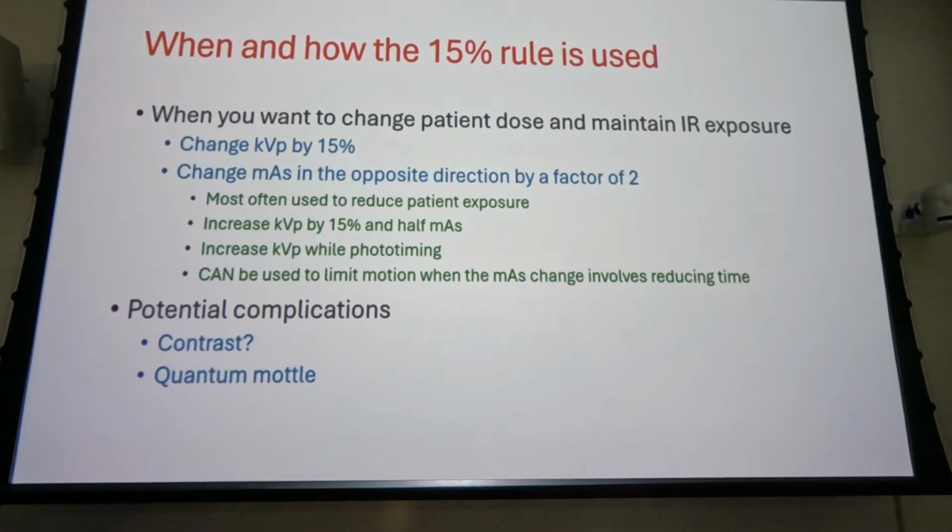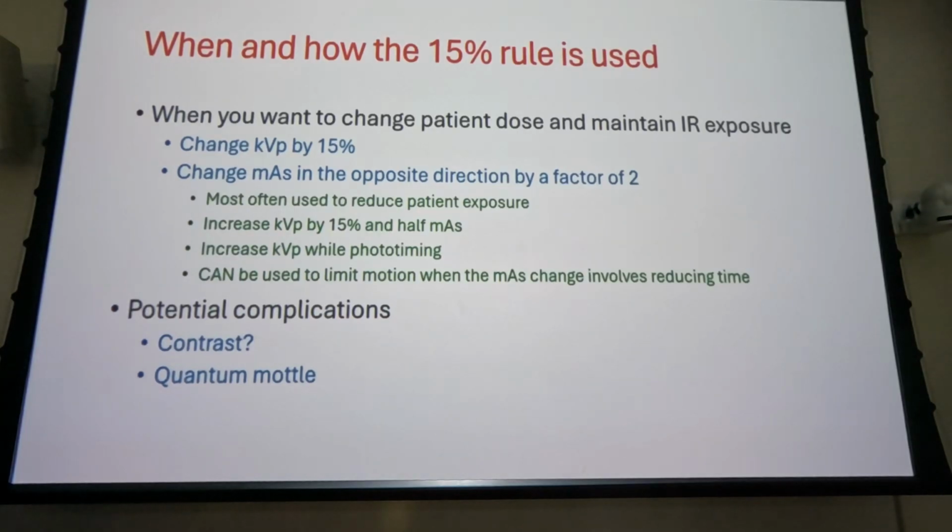Are there potential complications? Yeah, I put contrast in here with a question mark because, again, you might hear one of the technologists you're working with mention, well, we can't increase kVp anymore because it's going to affect contrast.